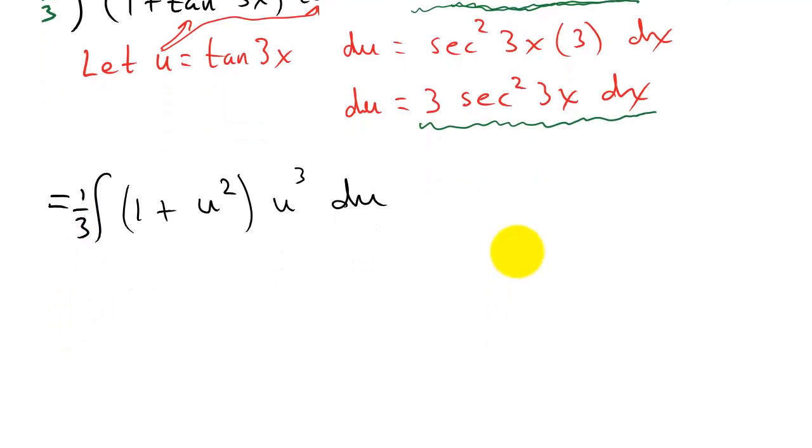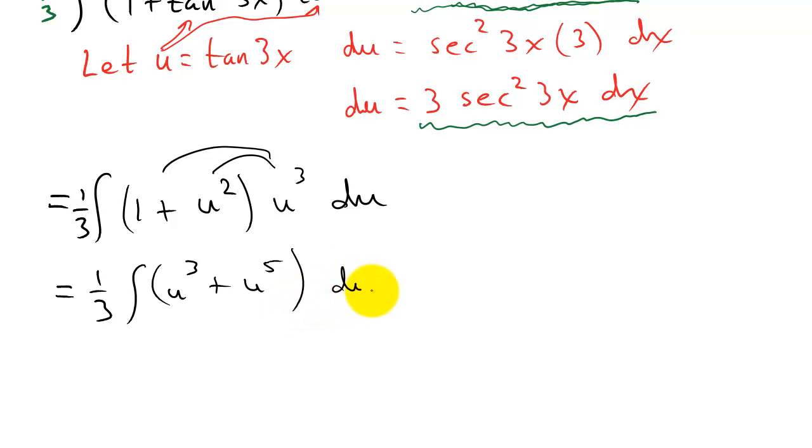Now all I need to do is distribute the u cubed. So that's going to give me 1/3 times the integral of u to the third plus u to the fifth du.